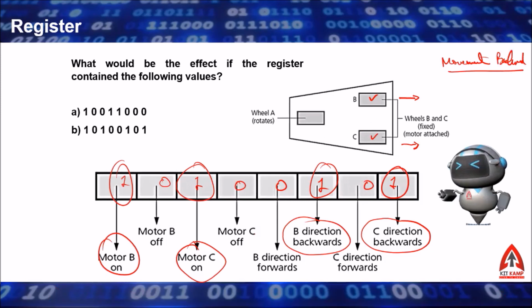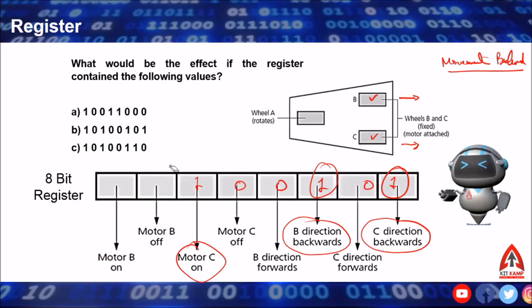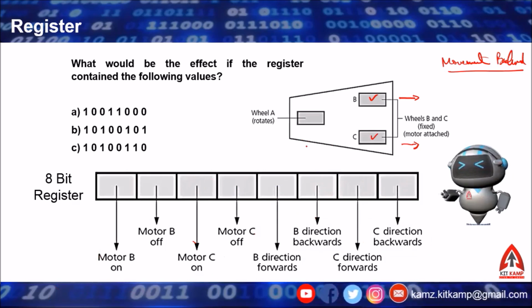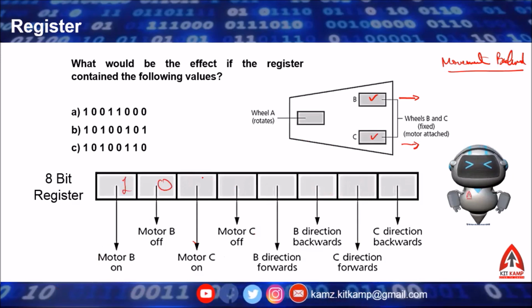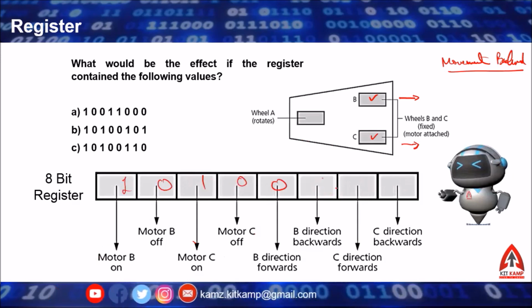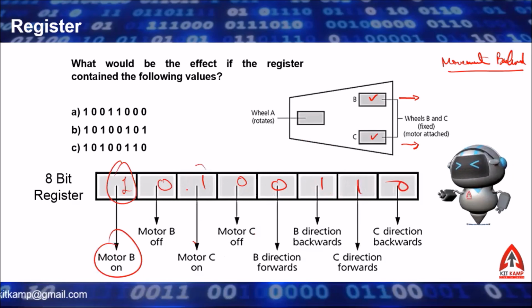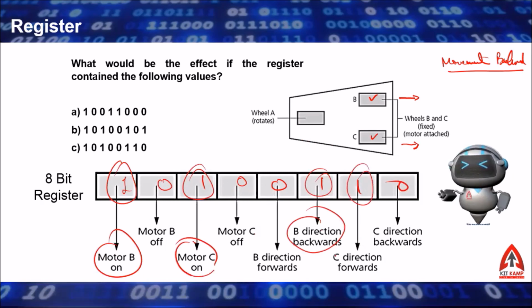If we go with another one, 1, 0, 1, 0, 0, 1, 1, 0, what will my output result be? That means this one is on, this one is on, this one is on, and this one is on.